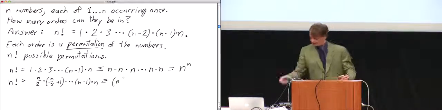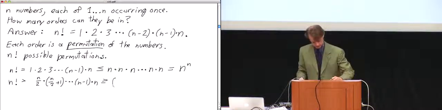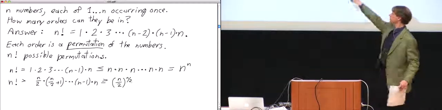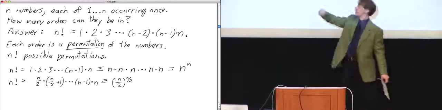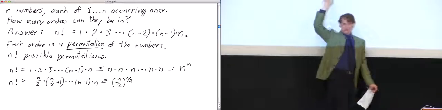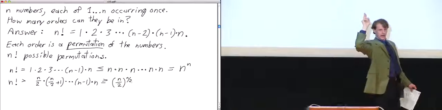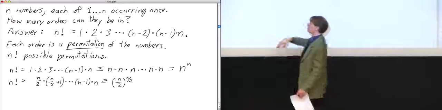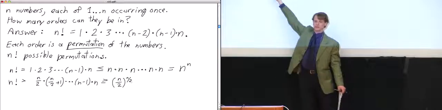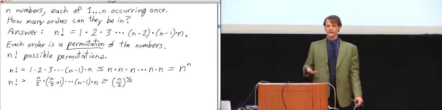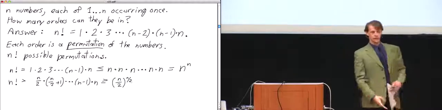And if I do that, then I discover that at least half of the terms that I'm multiplying together are equal to n over 2 or bigger. So if I multiply together n over 2 numbers that are all n over 2 or bigger, then their product is going to be bigger than n over 2 to the power of n over 2. So that gives me a lower bound on how big n factorial is.